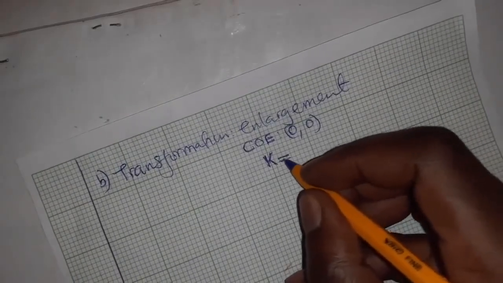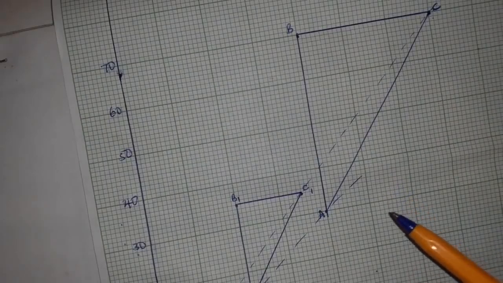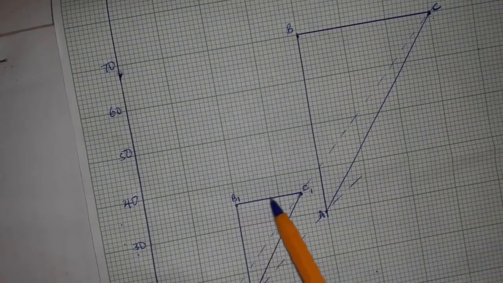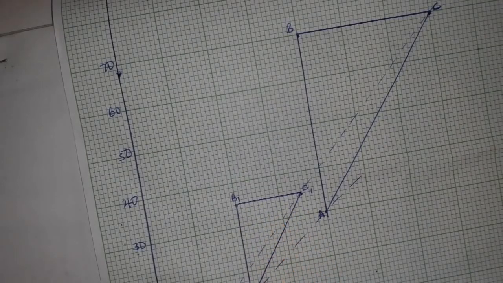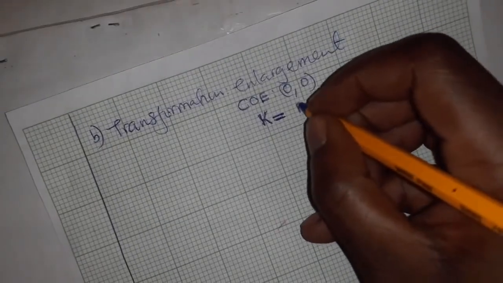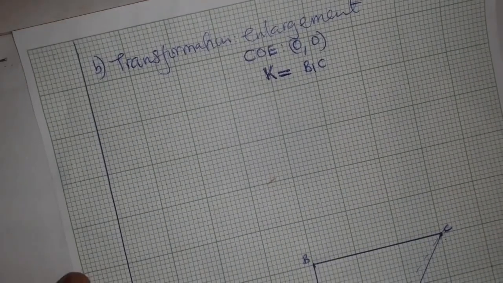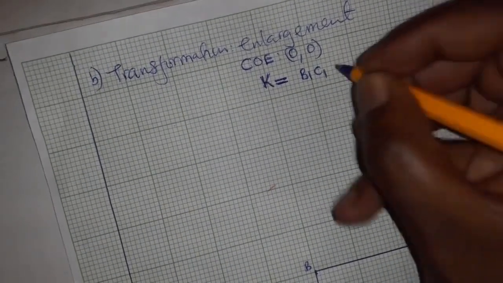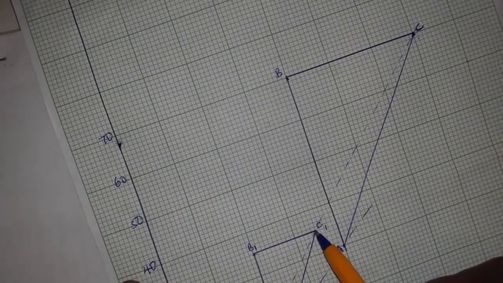How do we find this one? We can pick the length of one side on the image over the corresponding side on the object. For instance, B1C1 over the object BC.